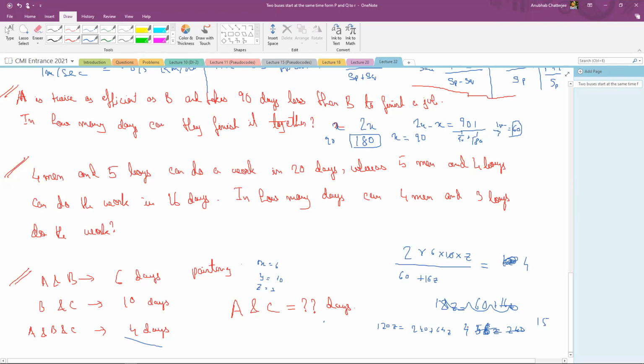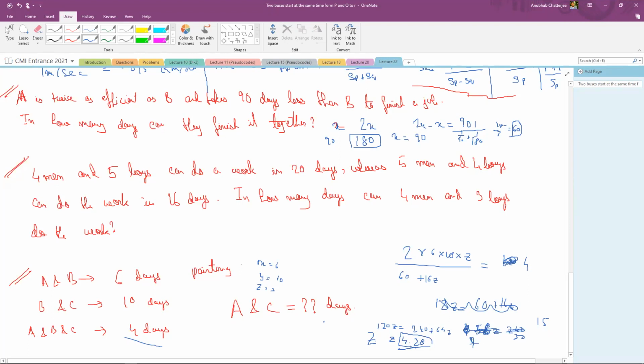Oh, what am I doing wrong? Oh, sorry. 8 sevens are 8, 30s are. So Z equals 30 by 7, that is 4.28. So that's the answer to the third question, which is 4.28.